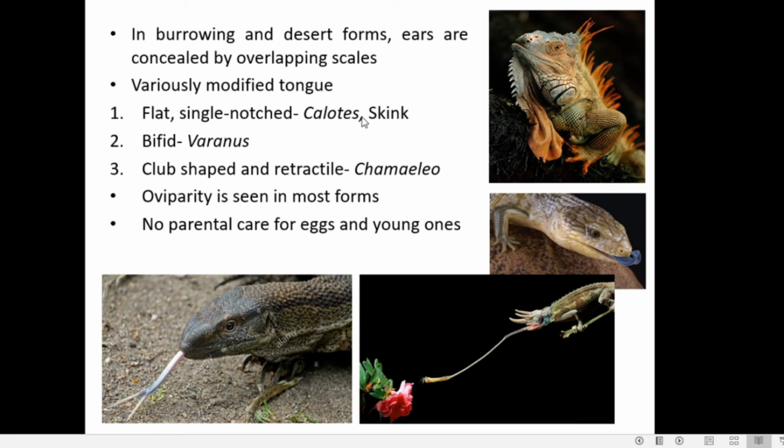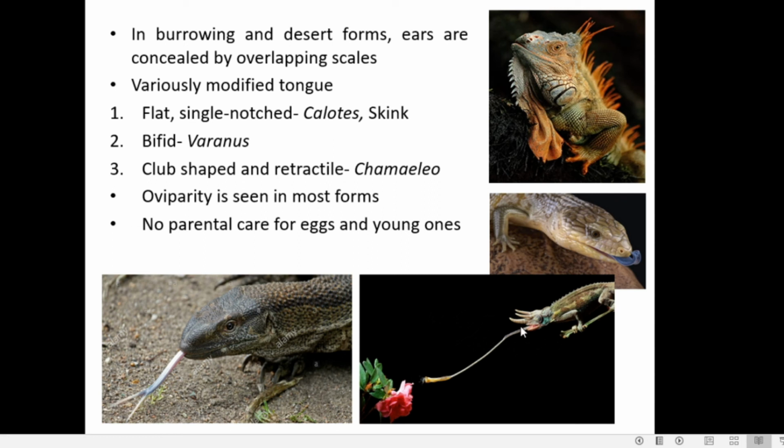You take the case of Calotes or a skink, where you can see that the tongue is flat and notched. It has got a notch. It is flat also. So this is a blue-tongued skink, where you can see a notched flat tongue. Here in Varanus, this is a monitor lizard, you can see the tongue is bifid or like a fork.